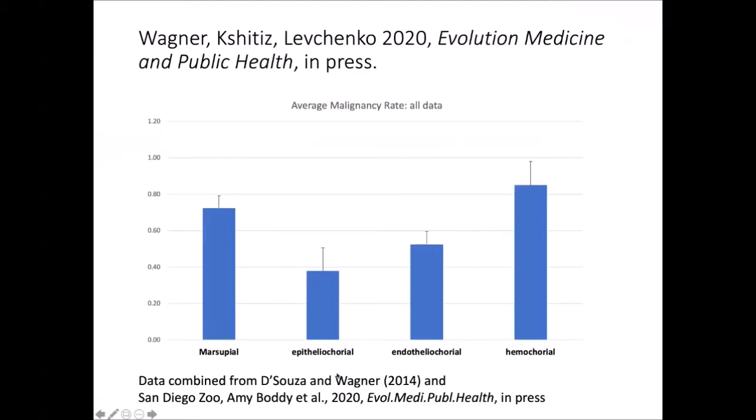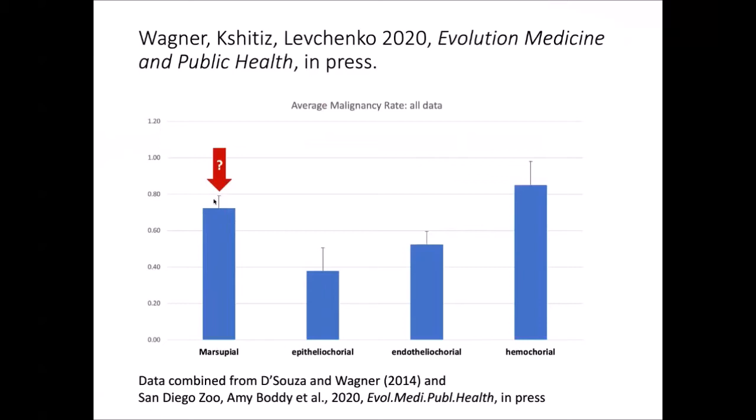Now, in that data, there is one category that Amy has correctly looked at separately, and that is the cancer rate or malignancy rate in marsupials. And that is interesting because if you look into textbooks, marsupials tend to be described as having non-invasive placentation.